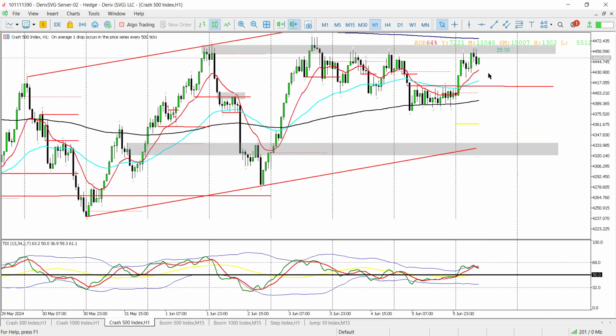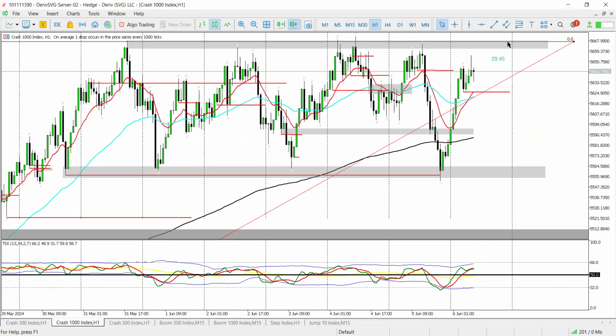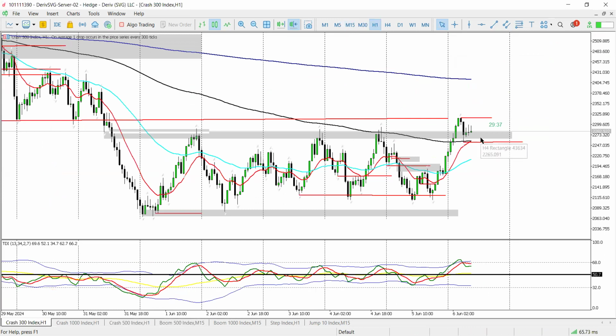Then C5, we're stalking to see if they will touch the 800 EMA or this gray zone above before we get a sell pattern. C1, same thing, waiting for price to react with the top zone or at least break this order block for us to consider sells. Then C300, it will depend.